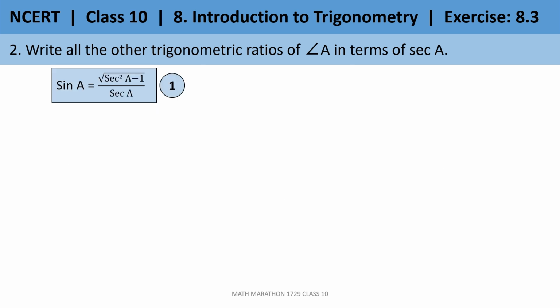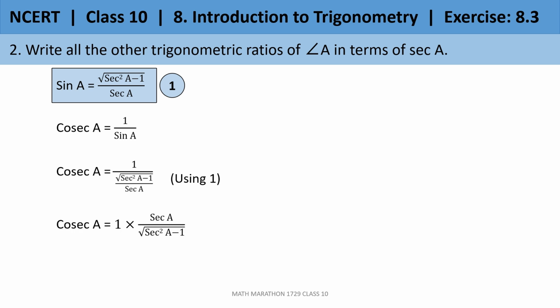We have already got sin A is equal to square root of secant square A minus 1 by secant A. Cosecant A is equal to 1 by sin A. Cosecant A is equal to 1 by square root of secant square A minus 1 by secant A. Cosecant A is equal to 1 multiplied by secant A divided by square root of secant square A minus 1.